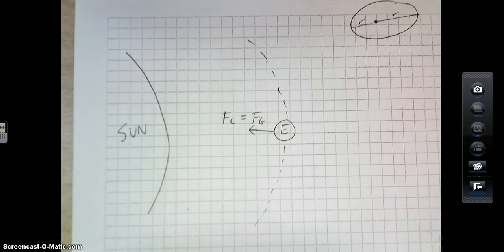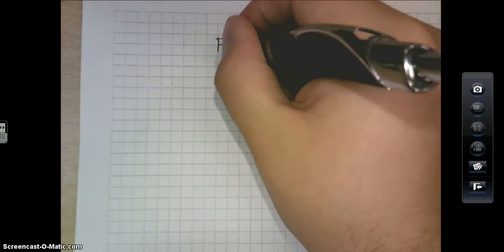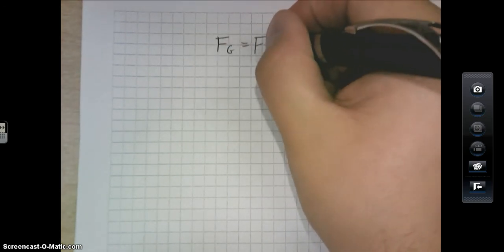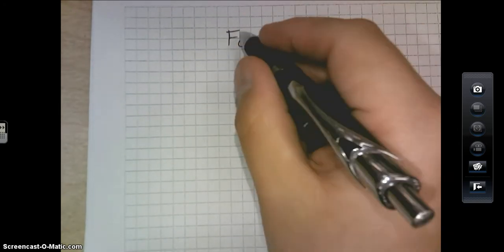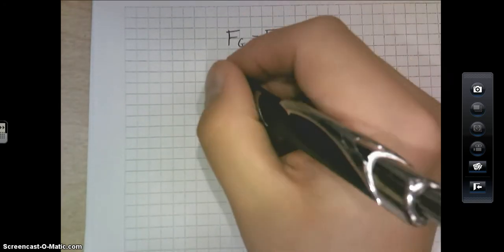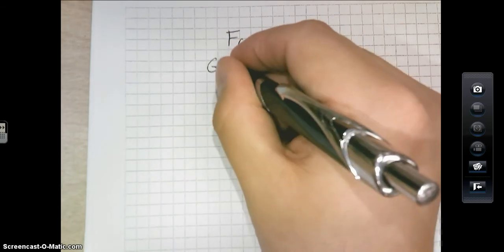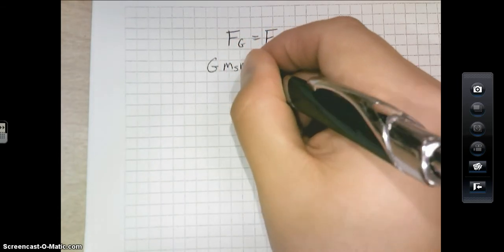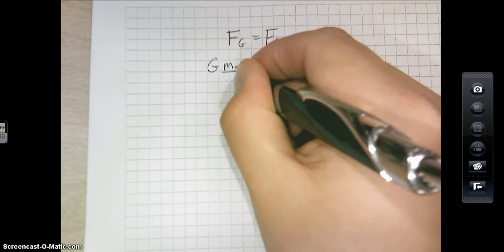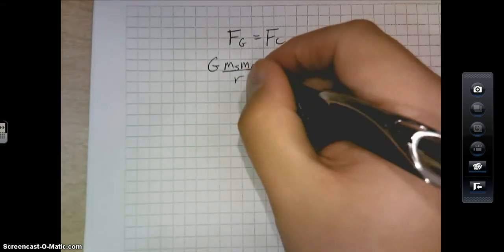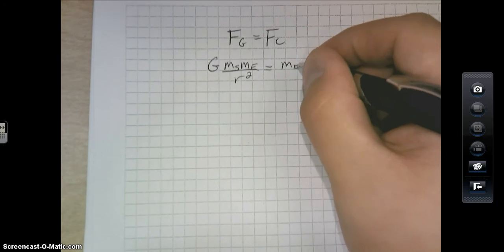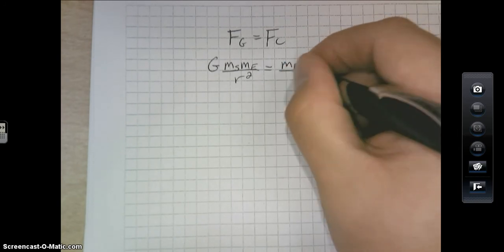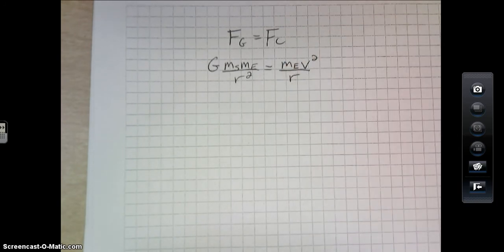So using that knowledge, we're going to write that F_g is equal to F_c. So I'm going to substitute in Newton's universal law of gravitation: G, mass of the sun, mass of the Earth, over the radius squared would be equal to the mass of the Earth times the velocity squared over the radius.